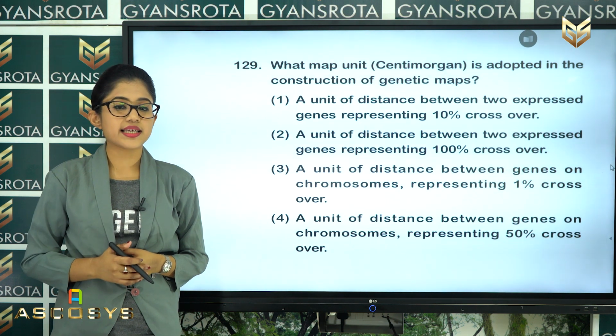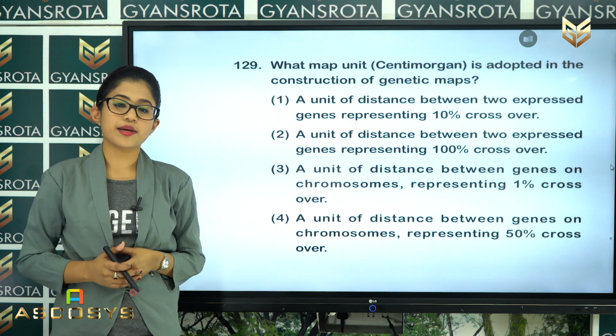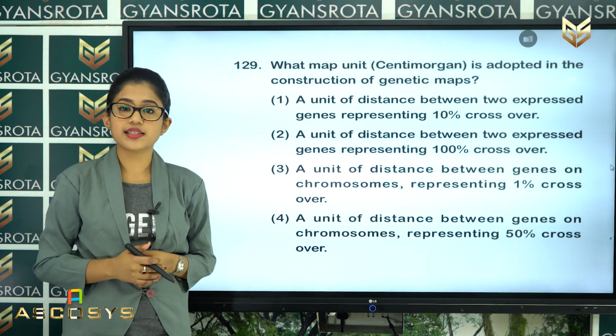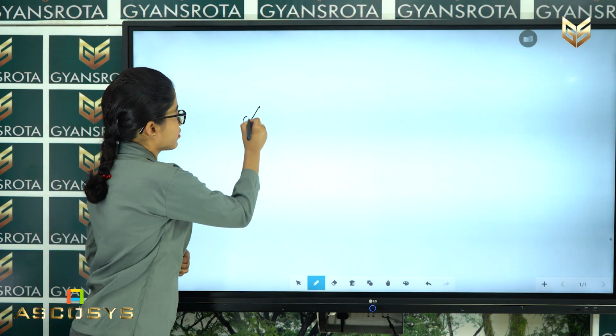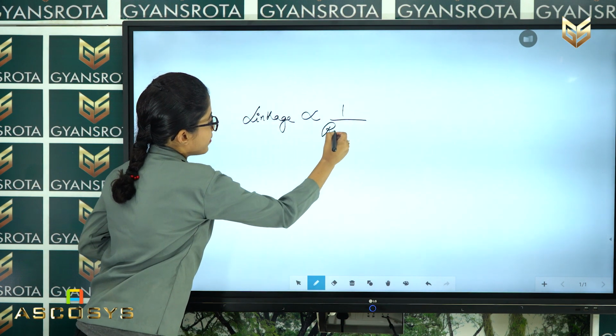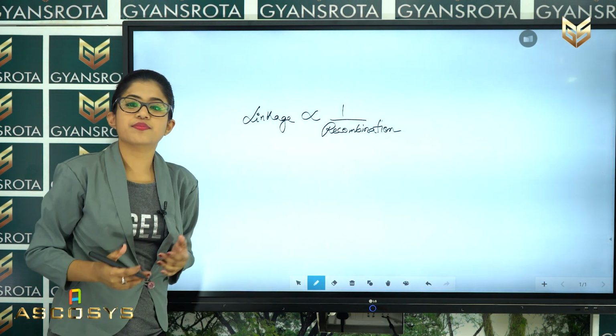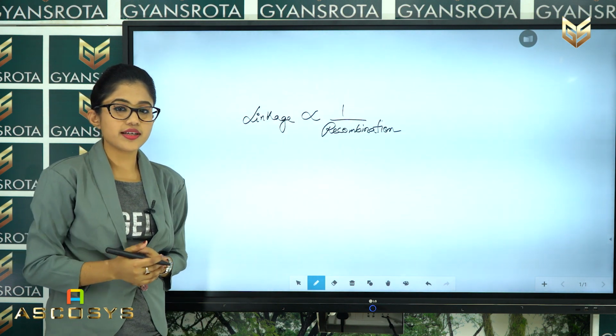Have you remembered linkage? Linkage is the linked genes, and crossing over takes place, and thereby we represent it as linkage being inversely proportional to recombination, right? So recombination means the crossing over, right?